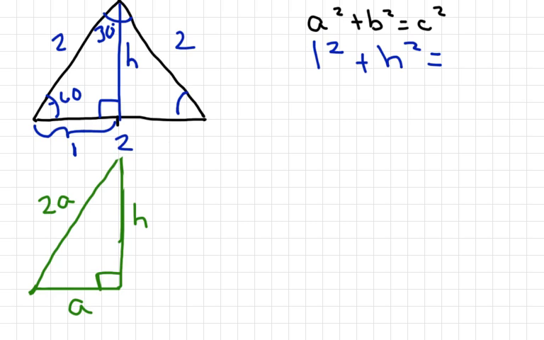And my C is always the hypotenuse, which is 2. You solve for your height, and I'm sure you can do the algebra here. And so, 4 minus 1 is 3, so my height is square root of 3.